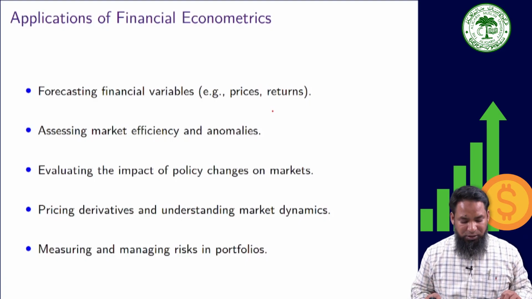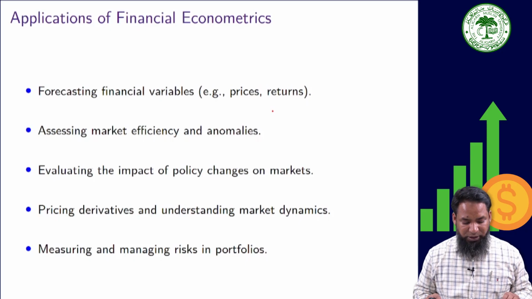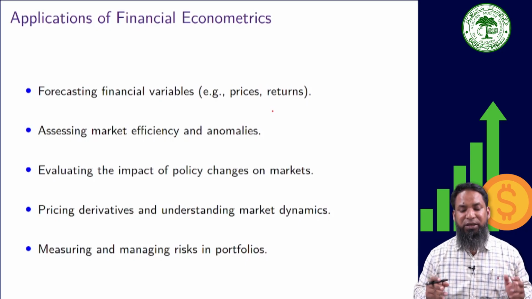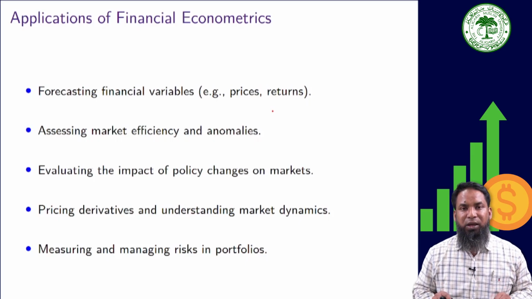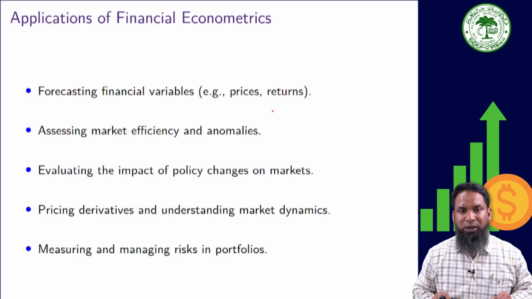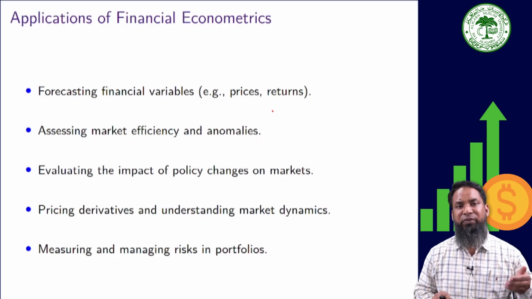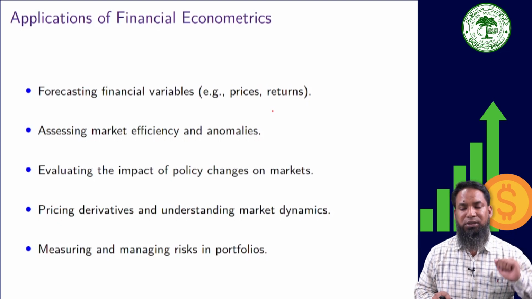Similarly, we can use financial econometrics for pricing derivatives and understanding market dynamics. For example, the Black-Scholes formula can be used to price derivatives, and for that we need the volatility, and we have different models to forecast and measure the volatility of any asset.